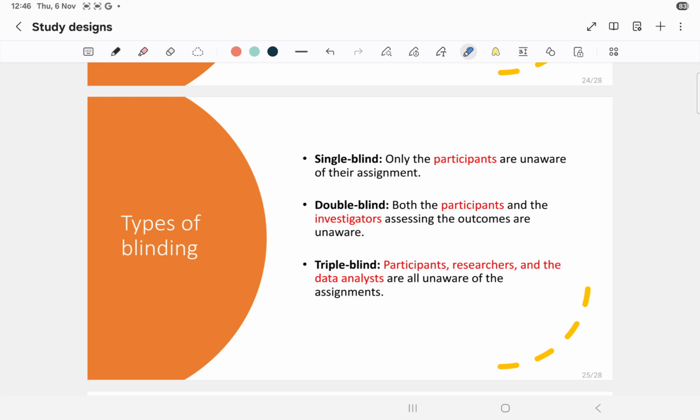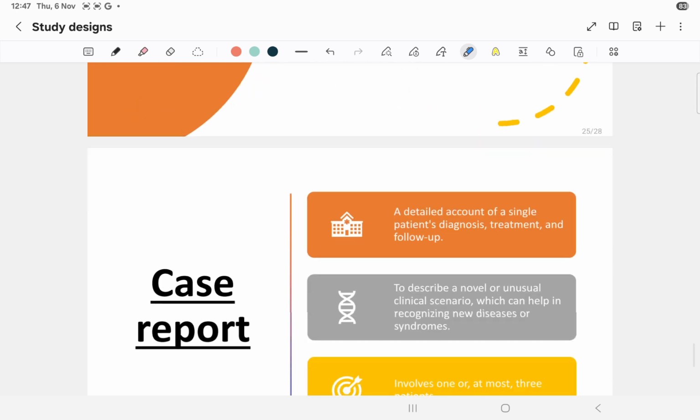So in morbid diseases, say in oncology trials, it is sometimes beneficial to keep only participants unaware of the assignments, but researchers or data analysts should know what each patient is getting. So if an adverse event happens, they can successfully manage that. So that is what it is.